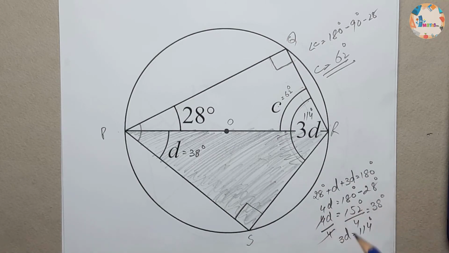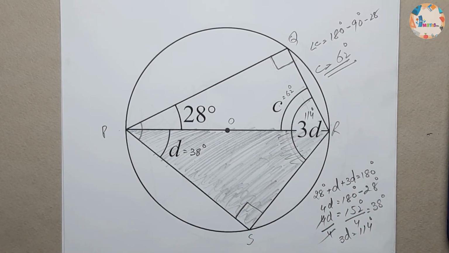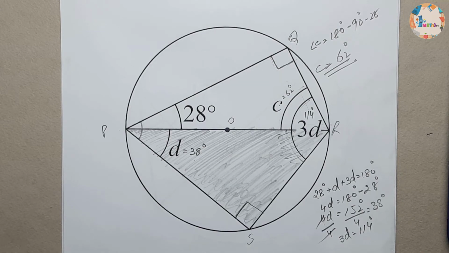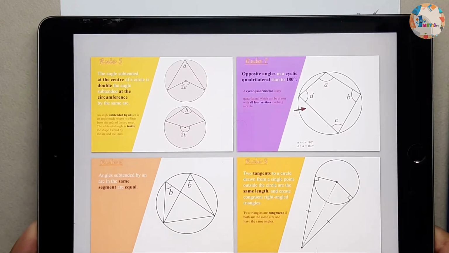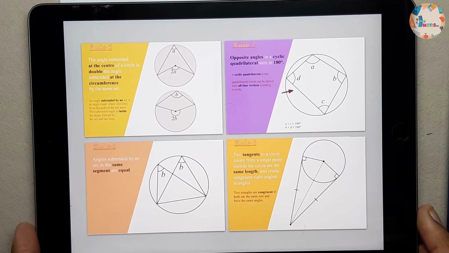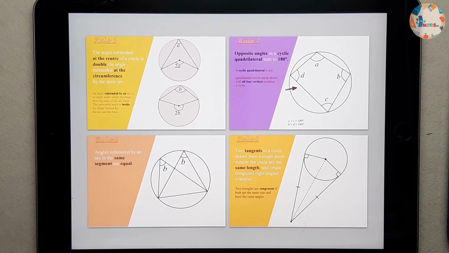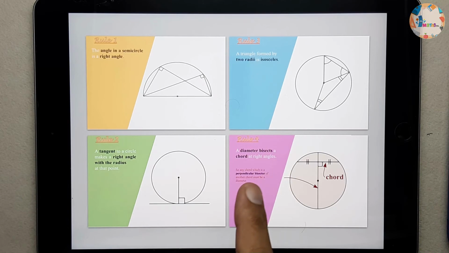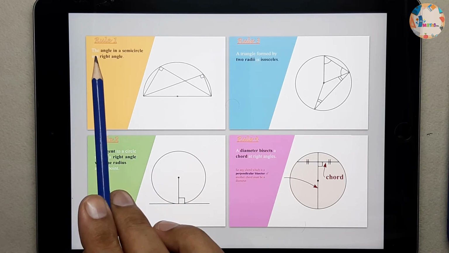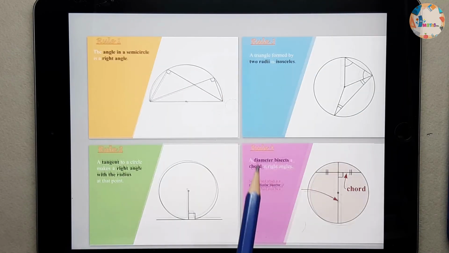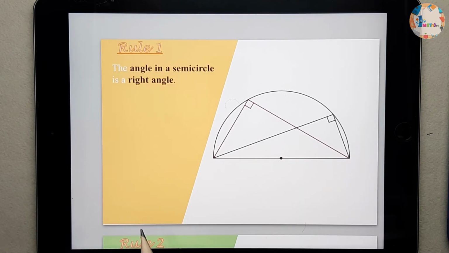For this one, we have basically used two rules. If we quickly revise, in exams some questions ask for justification also. The justification will be those two rules which we have applied. One rule we applied is that the angle in a semicircle is a right angle.